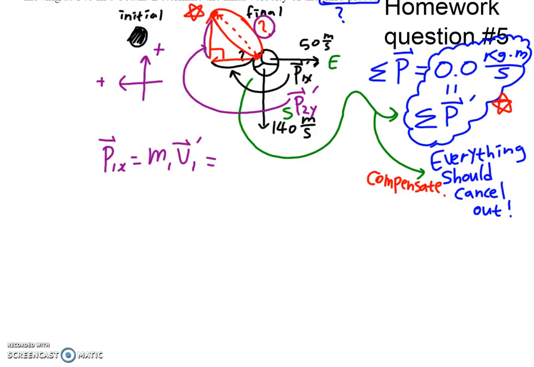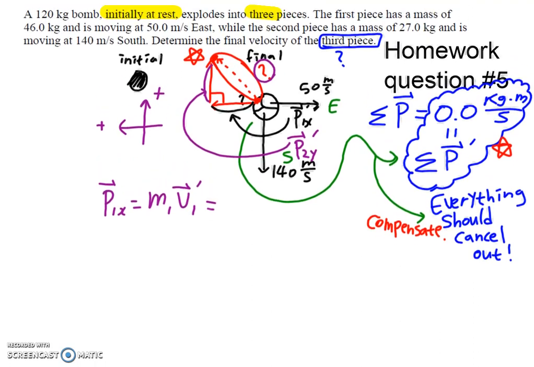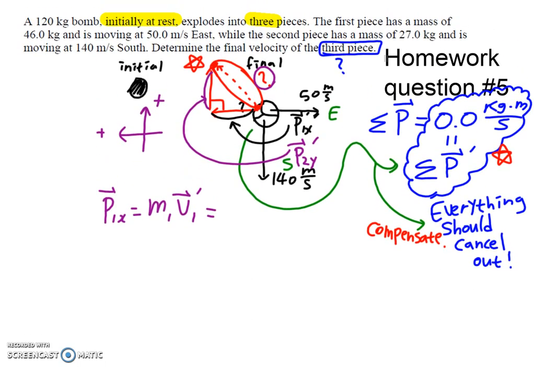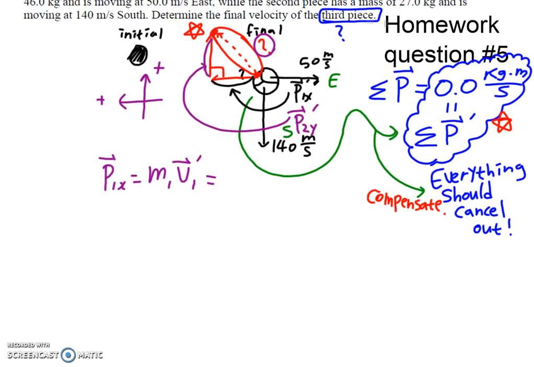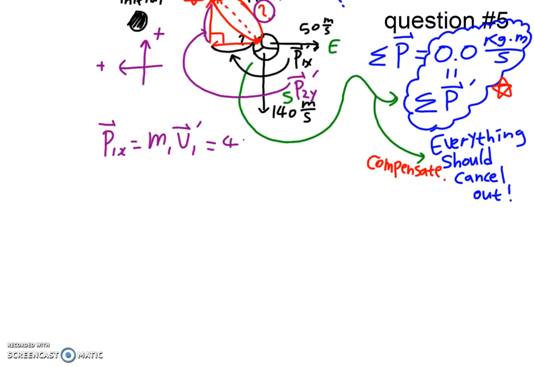So I use a little bit of a side hyphen in here. And basically we need to punch this number in: 120 kilogram, 46 kilogram, that was moving 50. If you calculate those two, you will get 2,300.